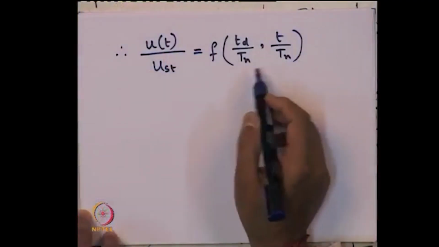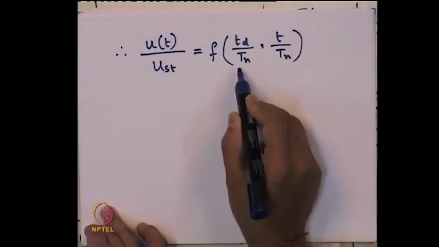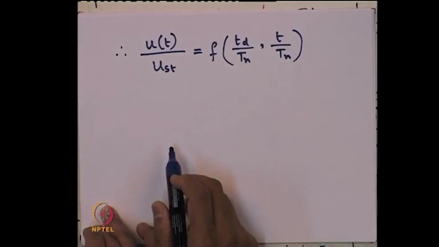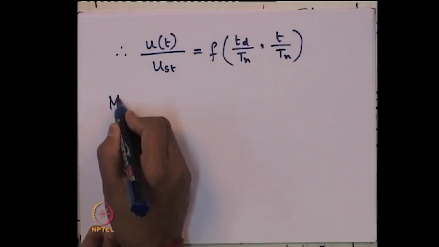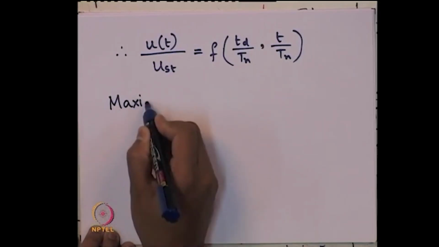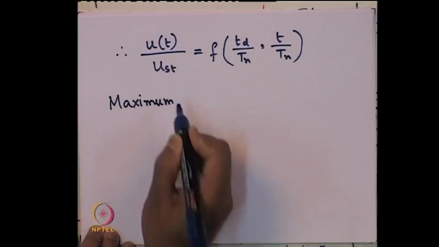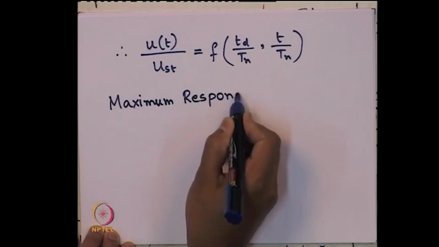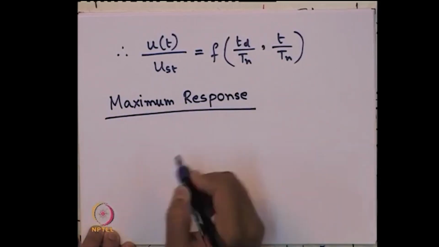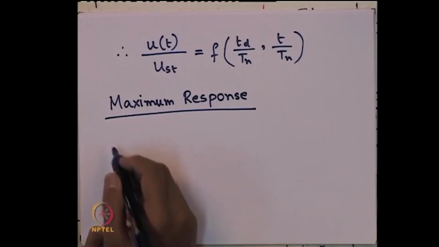So, we have to be careful about both these two parameters, this as well as this ratio. Once knowing that, let us find out the maximum response of the structure subjected to this case.